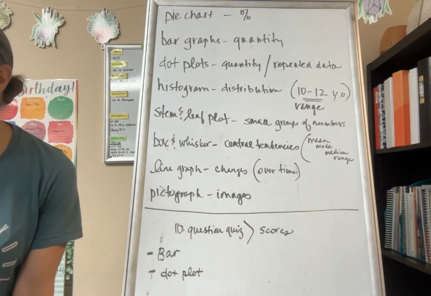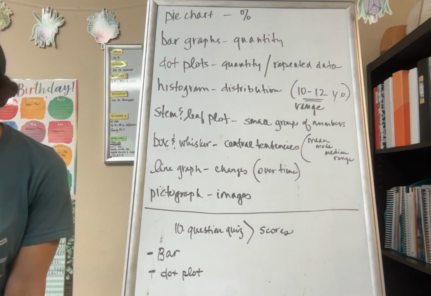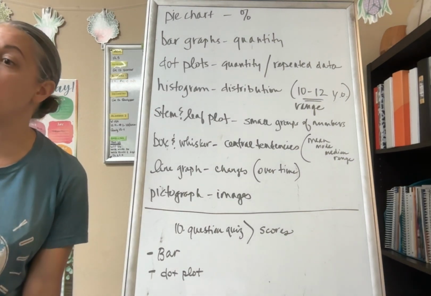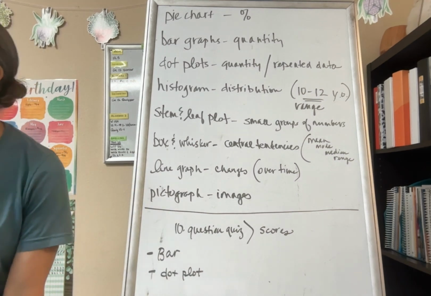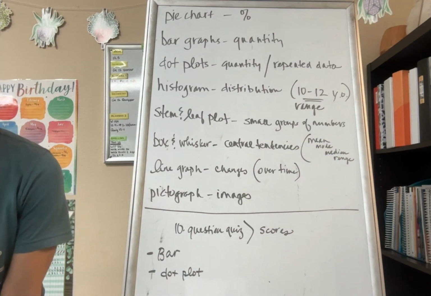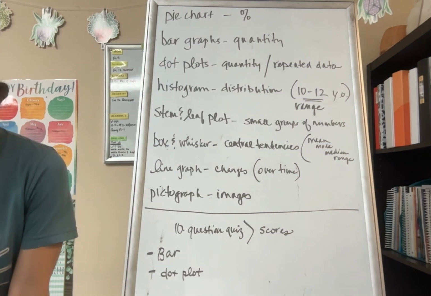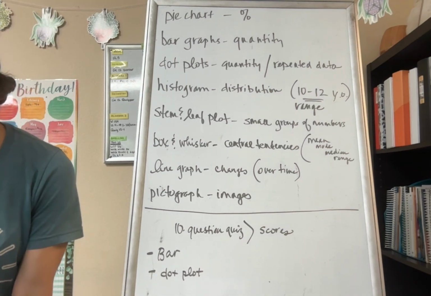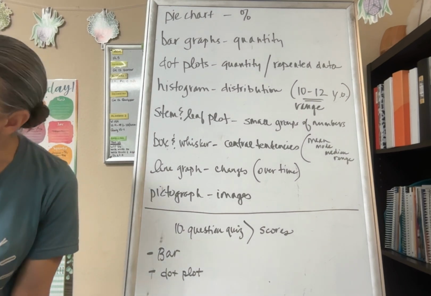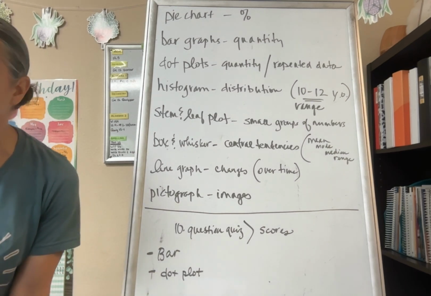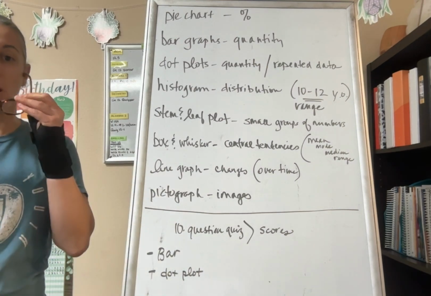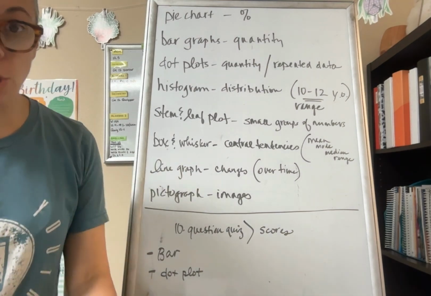If she graded them on a scale of 100%, then a pie chart would work if we wanted to divide them into how many people made A's, how many people made B's, how many people made C's. But what if it was just 1 point per question? So you could literally make like an 8 on the quiz. Well, a pie chart wouldn't be good at showing an 8, but a bar chart could show that, or a dot plot could show that fairly easily, okay? So a bar chart or a dot plot is a good choice for that.